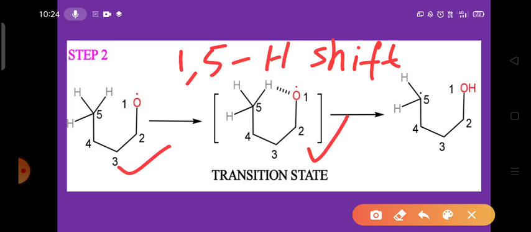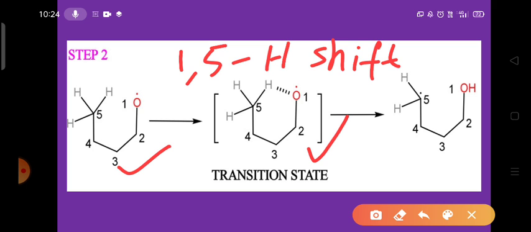Here the position of the oxygen is considered as number one. So hydrogen is shifted from the fifth place to the first place. That's why the Barton reaction is known as the 1,5 hydrogen shift.